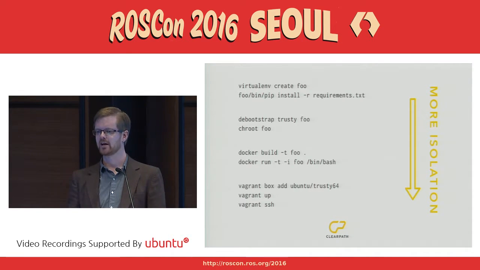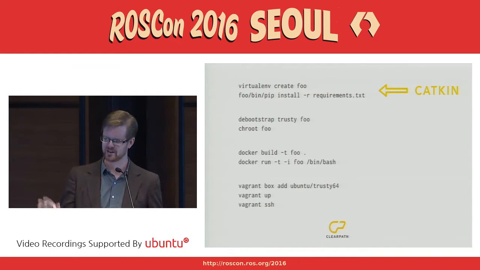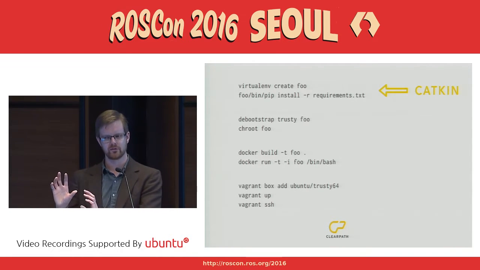And then Vagrant is like a VM, where you're further isolating at the CPU level. And so Catkin fits in at the virtualenv level. You could say, if you squint funny, Catkin is basically virtualenv for CMake packages, kind of.